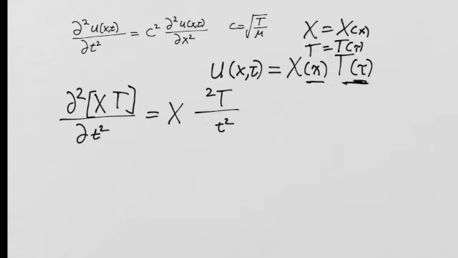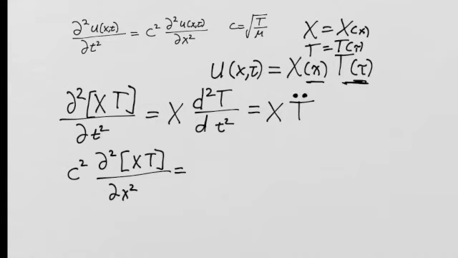So we take this partial derivative and change it to an ordinary derivative, symbolized by the little letter d instead of this Greek-looking partial symbol. Now we have an ordinary derivative, and we can give that a nice easy notation and put 2 dots for the second ordinary derivative of T with respect to time. So now that we've done the left-hand side, we do the right-hand side. Again, we substitute X times T for u because that's our assumption here.